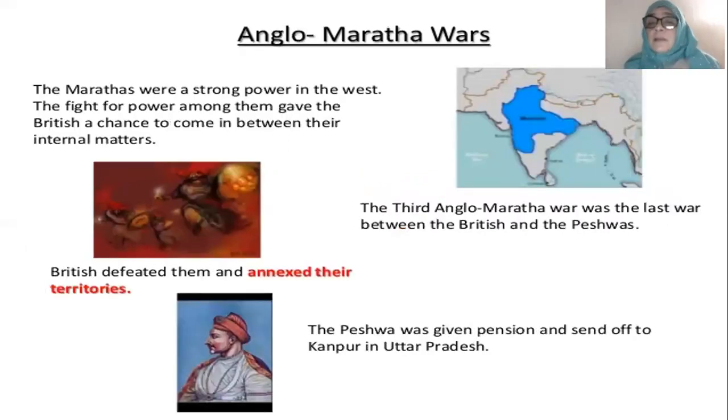Then the Maratha wars were fought and the British were able to take over other lands. The British defeated them and annexed their territories. The Peshwa was given a pension, and then they were sent off to Kanpur in Uttar Pradesh.